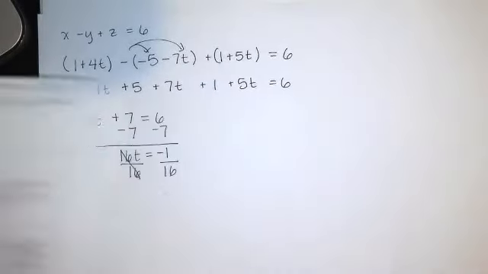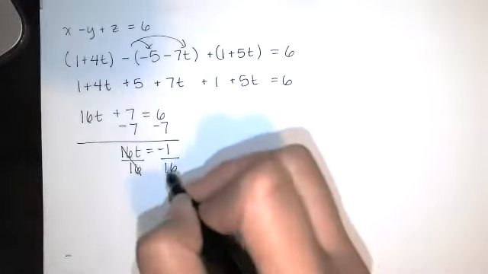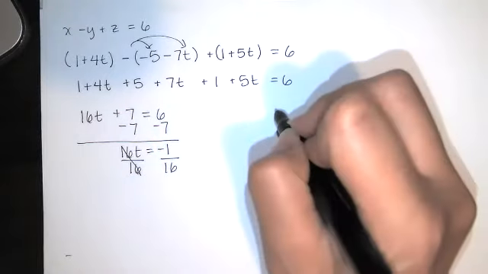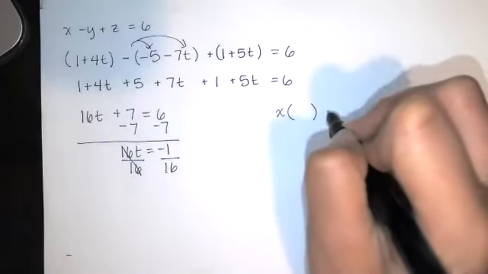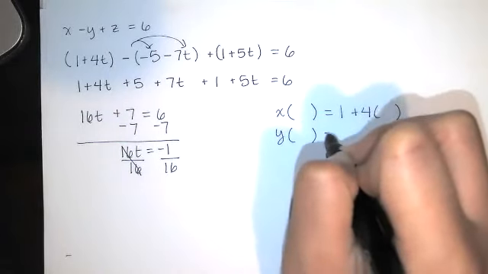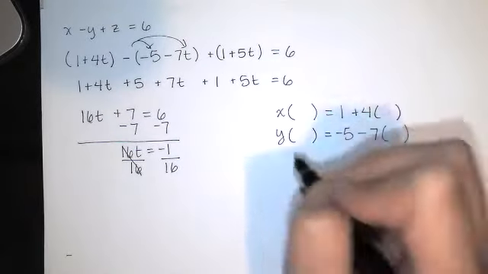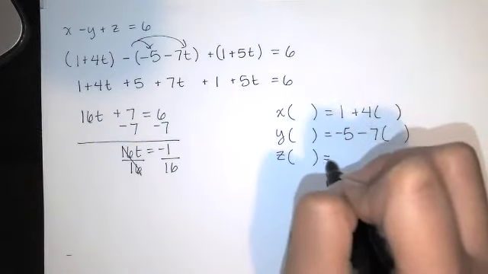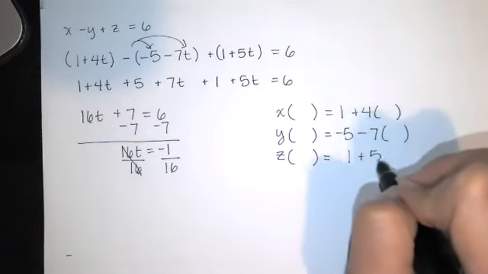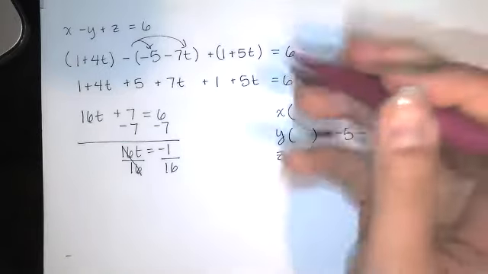Now you are asked for the point of intersection of the line with the plane. This is giving me a t value. It doesn't give me a point of intersection with the plane. It doesn't give me a point. I need an x, a y, and a z. So to find the corresponding location, I'm going to take my parametric equations, which were 1 plus 4t, that was my parametric equation for x, -5 minus 7t, that was my parametric equation for y, and 1 plus 5t, that was my parametric equation for z, and I'll substitute in -1/16.